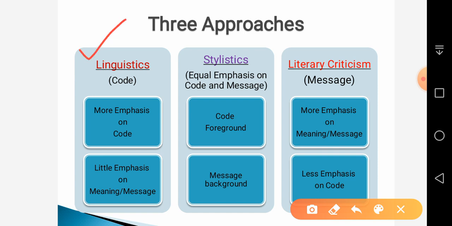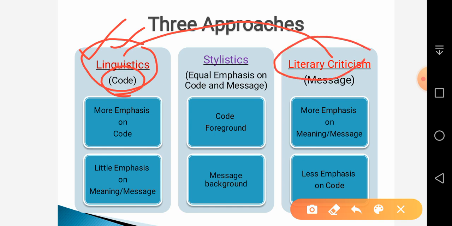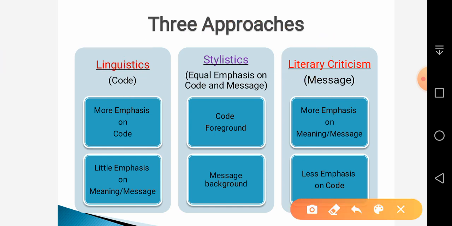Approach number one is known as linguistics. Now, these two approaches, I always call them extremist, because they are lopsided. They are tilted to one side. Linguistics gives prominence to code only, while literary criticism, that is the traditional approach, just focuses on meaning and message.